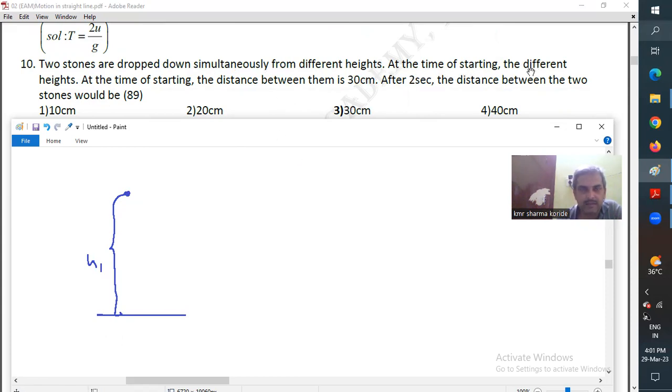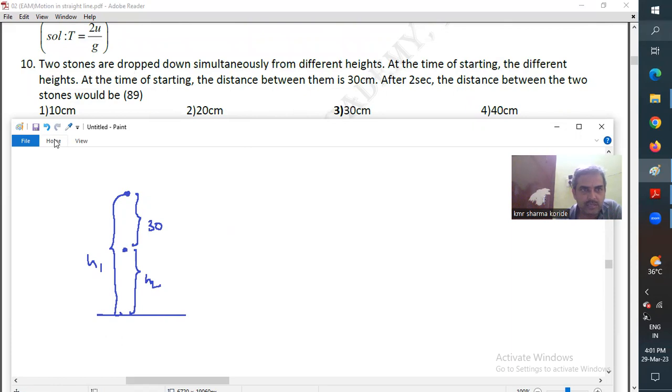We need the distance between them. Let us say the second stone is dropped at this point, height h2. The gap is 30 meters. After 2 seconds, find the distance between the two stones.